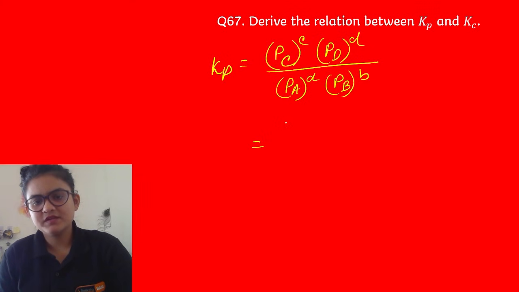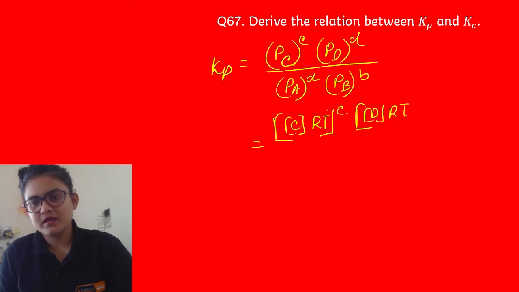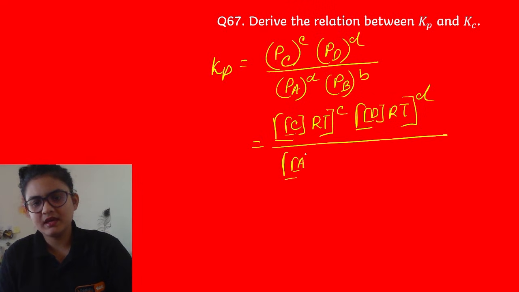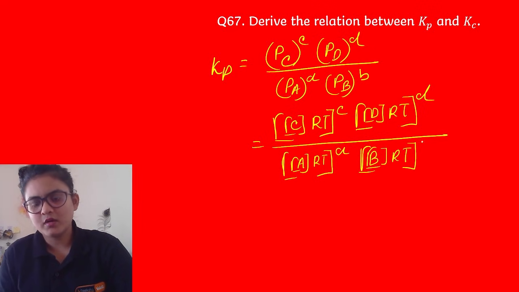Now let's put the values from the last few equations. So partial pressure of C, we can write concentration of C into RT whole power c. Partial pressure of D also in the same way, concentration of D into RT whole power d, divided by concentration of A into RT whole power a, and concentration of B into RT whole power b.